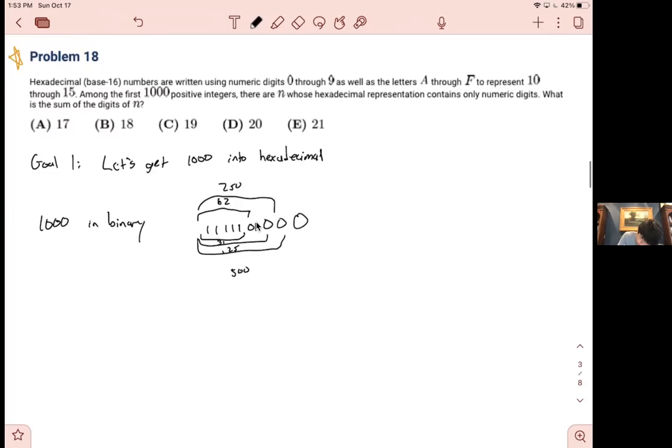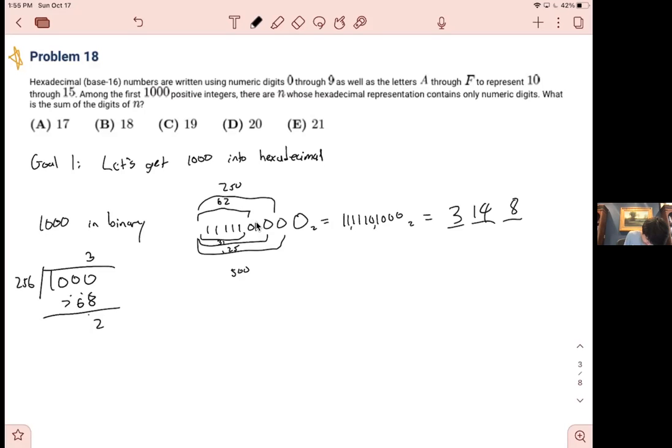So now we convert this into hexadecimal. So this is going to be equal to 3. How many factors of, so we want to put into base 16, how many factors of 256 go into it? It's 3. Okay. So then do long division.